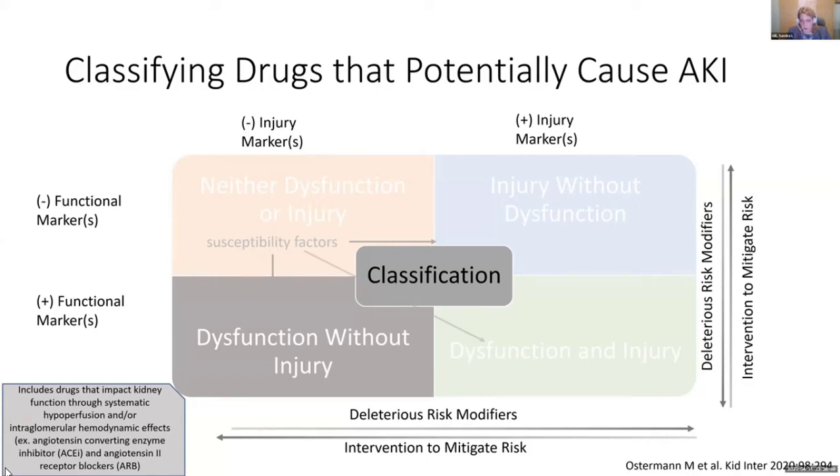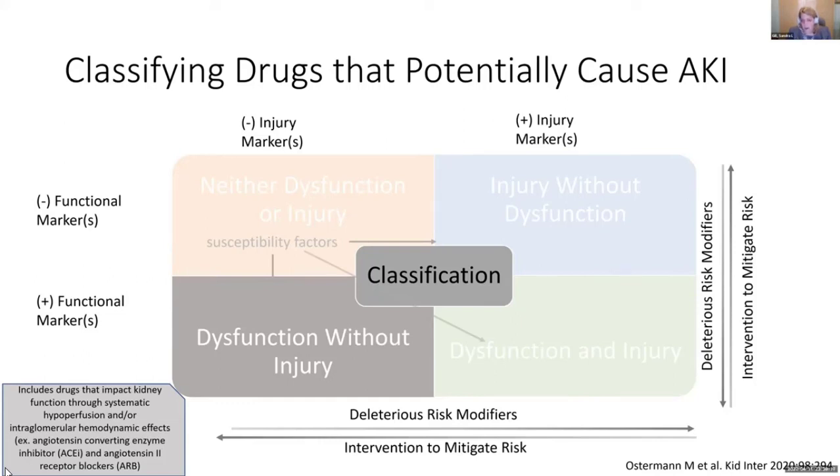When we start an ACE inhibitor in an individual, we expect the function to decline, but their overall outcomes do still improve. So there's an acceptability for a 30% decline in the patient's baseline kidney function. This is acceptable because it's dysfunction, but there's no injury going on at that point in time. And so that's why these particular drugs are classified there.